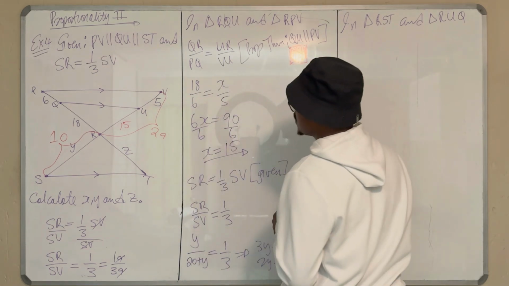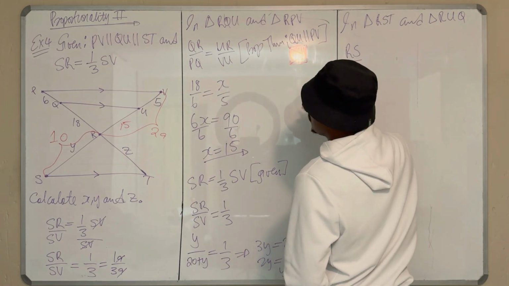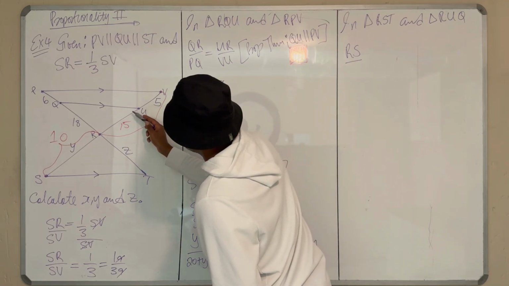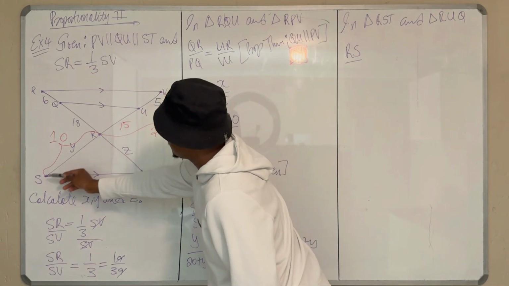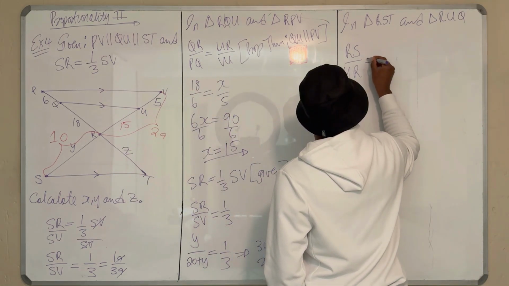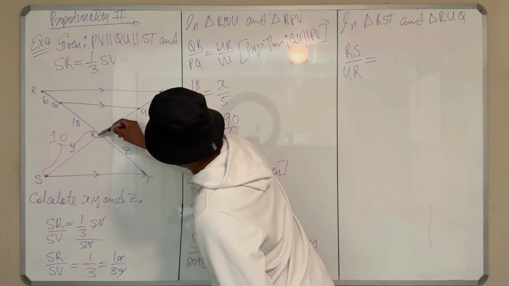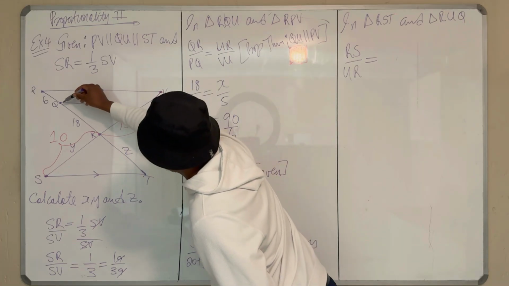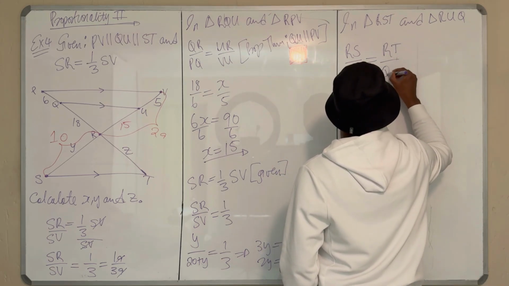So in that case, we'll say RS over, let's say UR. Let's just take that part. RS over UR is going to be RT over QR.